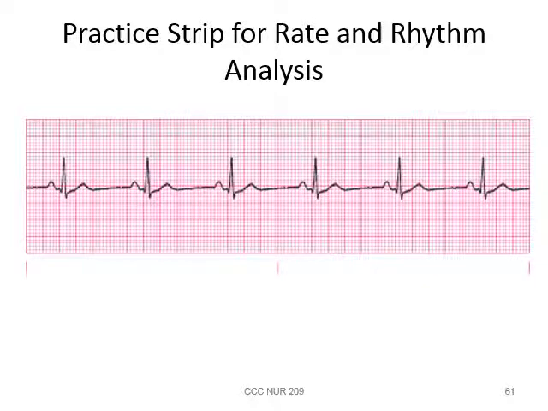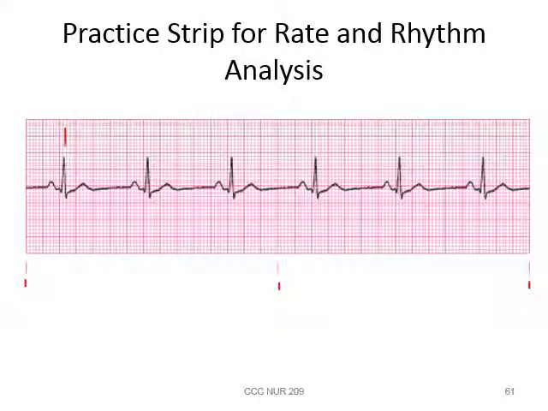So let's practice this strip. Let's take a look. Let's start from the beginning. What do we do first? That's correct. We want to check our ventricular rate. So here's our box. Here's our 3 seconds, 3 seconds, 3 seconds. So we have a 6-second strip.